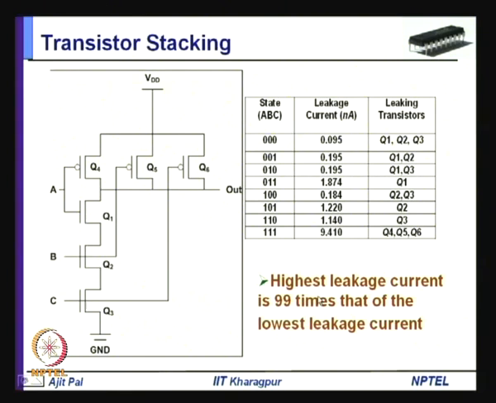So, we find that the highest leakage current is 99 times that of the lowest leakage current. So, the leakage current can be different for different numbers of transistors that are off. Why so? Let us try to understand why this occurs.